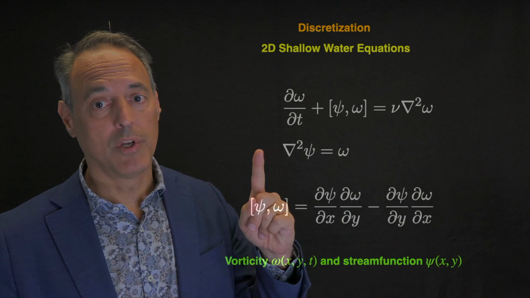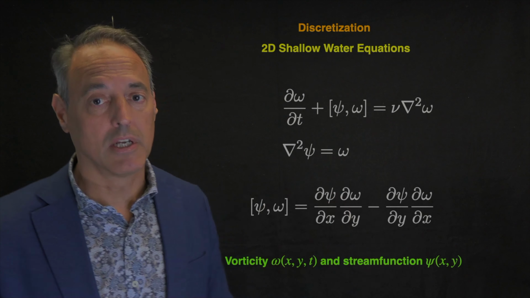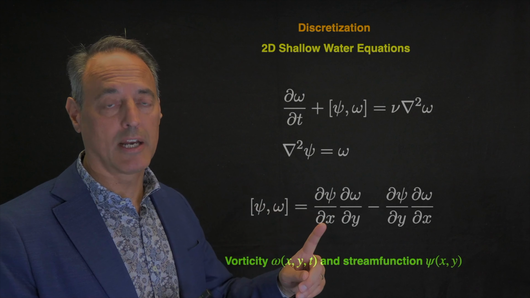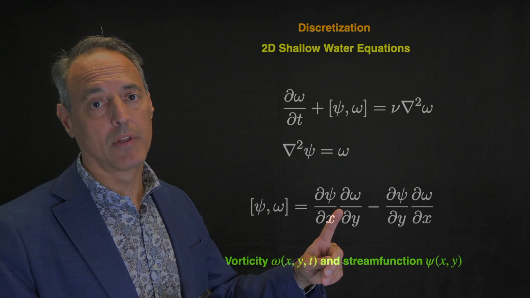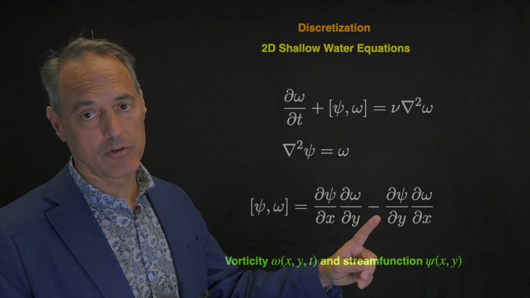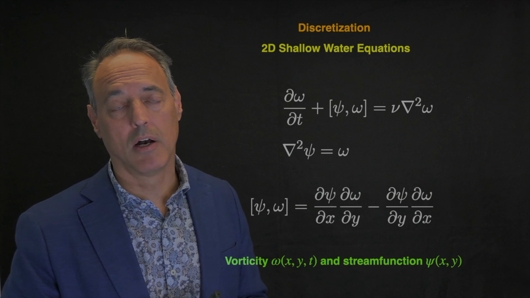So we take the Laplacian of the stream function, and it is equal to the vorticity. The stream function itself we have to solve for, and once we solve for it, we can take the partial x derivative of it and multiply it by the partial y derivative of the vorticity, minus the partial with respect to y of the stream function and partial with respect to x of the vorticity.